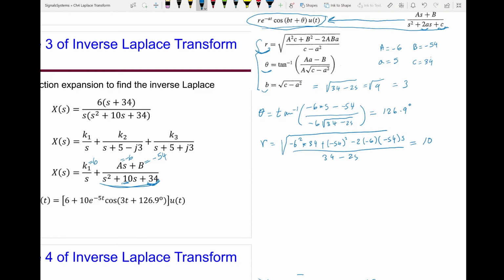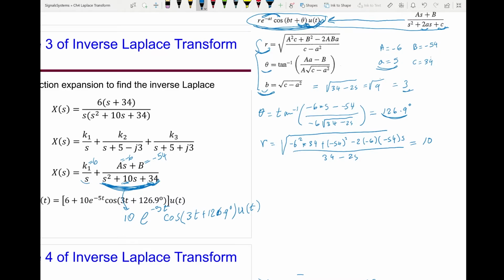So the inverse Laplace transform of this one will be R, which is 10, e to the power of minus a, little a here is 5, so minus 5t, cosine of b, in this case we've calculated b to be 3, t plus theta, which we calculated to be this one, u of t, which is this. So that is the inverse.